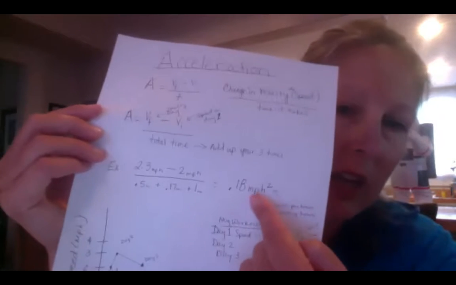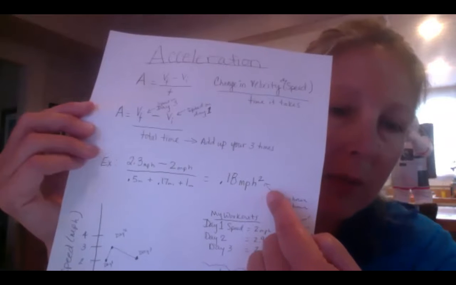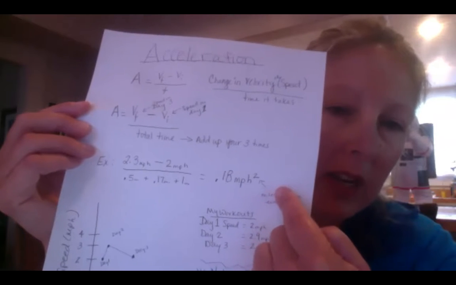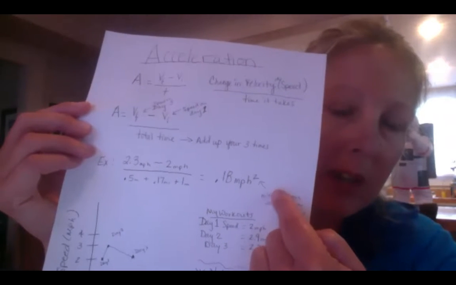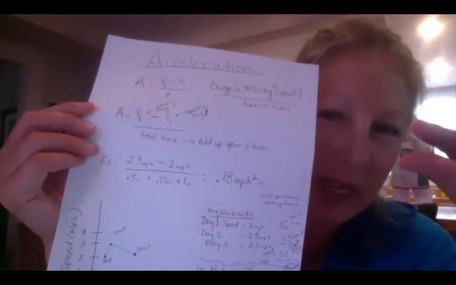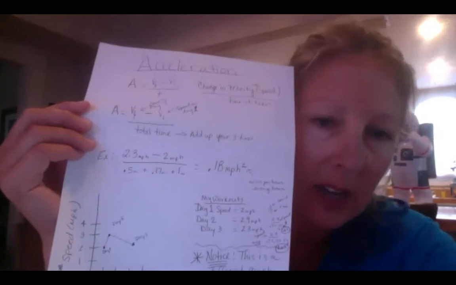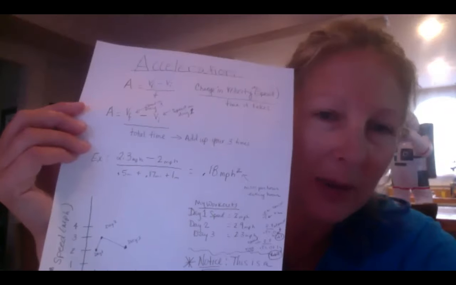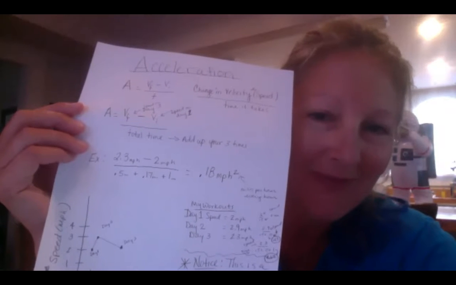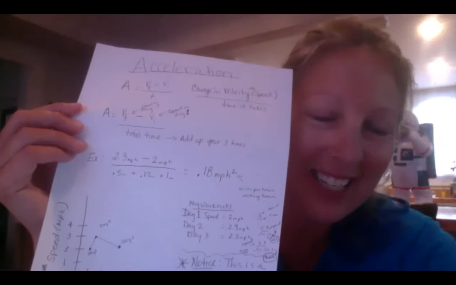And that gave me my acceleration between day 1 and day 3 as 0.18 miles per hour. So just a little bit of acceleration. That was fairly consistent. If you're comparing, it's really comparing day 1 to day 3. Kind of skipped 2 a little bit. All right. I hope that helps, Asher.